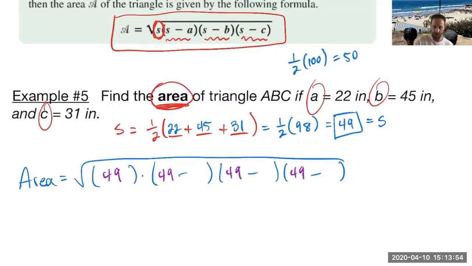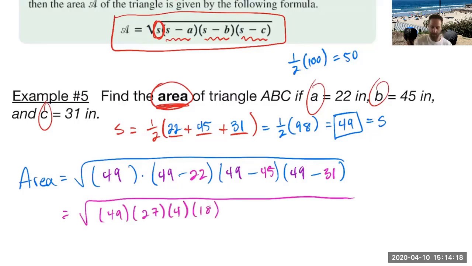And then I'm going to subtract the side length of each one of those, which were the 22, 45, and 31. Then you punch all of that into your calculator and you will get your area without having to find the height and using one of those as the base, and it saves us a little bit of time. So thanks to Heron for actually finding that for us.